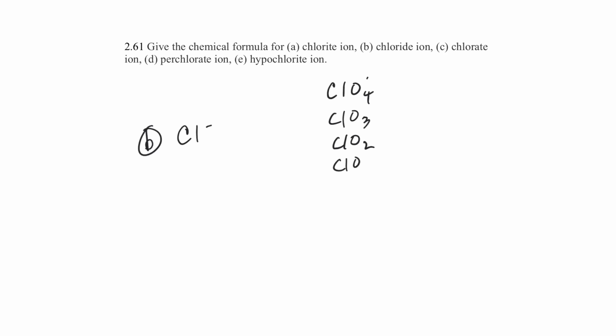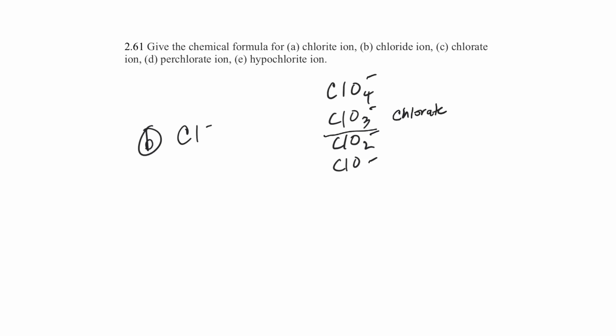All of them are -1. Now this is just from experiment. Somebody would have to tell me this; I couldn't guess. The most common will be called ate. So this ClO3 is called chlorate.